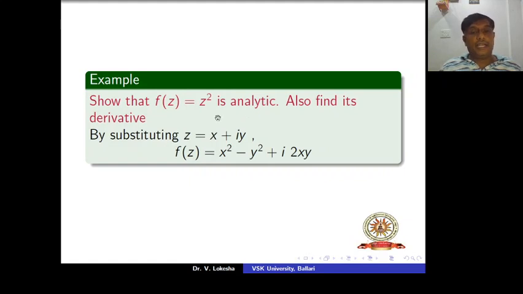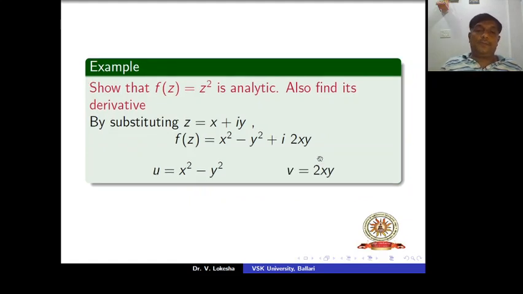Expand this, that is x square minus y square plus 2i into xy. Here f of z is equal to u plus iv, means u is equal to x square minus y square, v is equal to 2xy. After separation you get this.